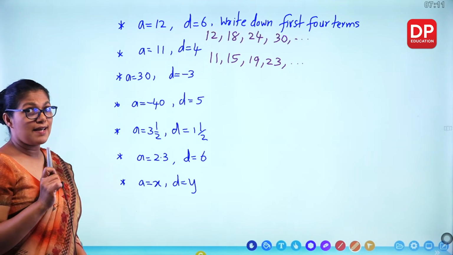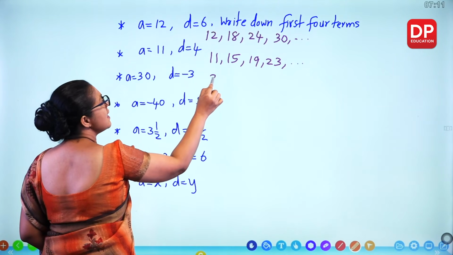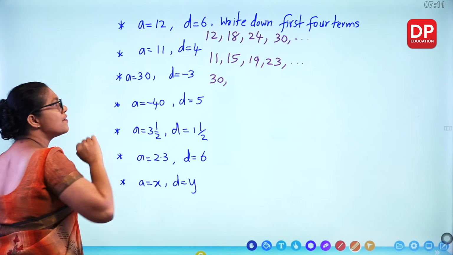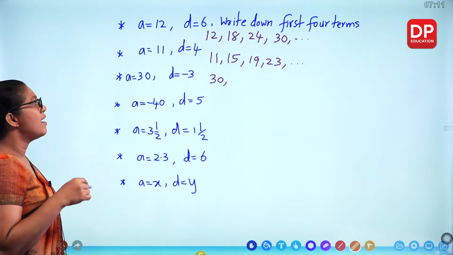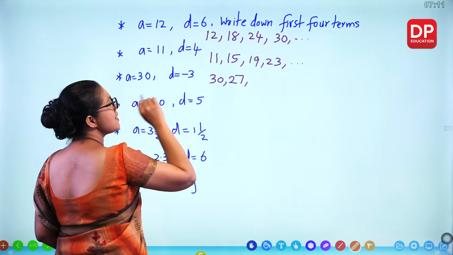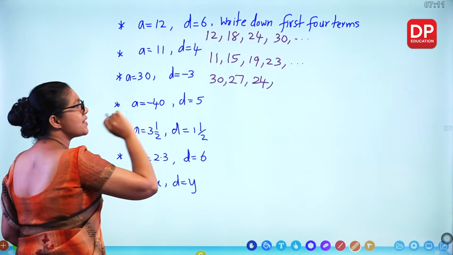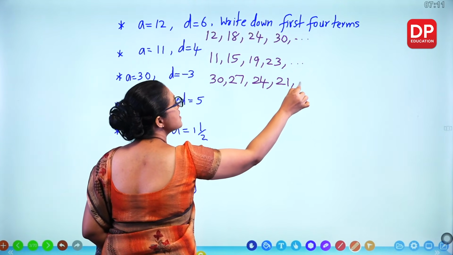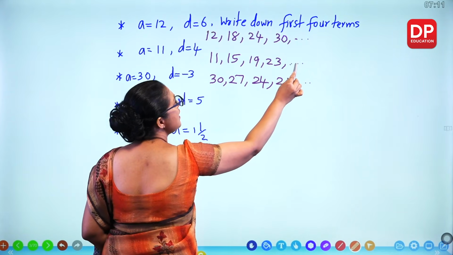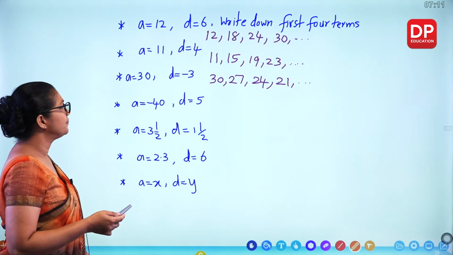This one now, the difference is negative, but the starting value is 30. That means subtract 3 from each term. 30 minus 3, 27. 27 minus 3, 24. 24 minus 3, you get 21. Here we normally use 3 dots to represent it's continuing.